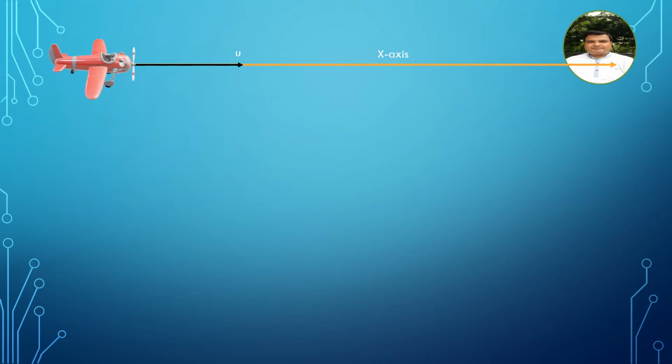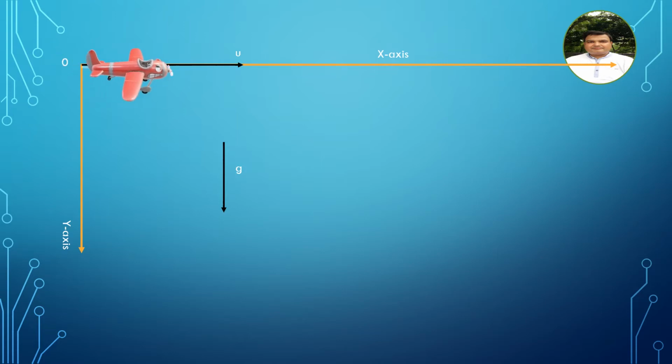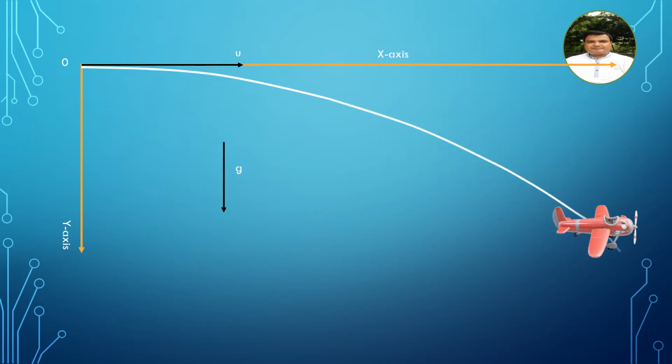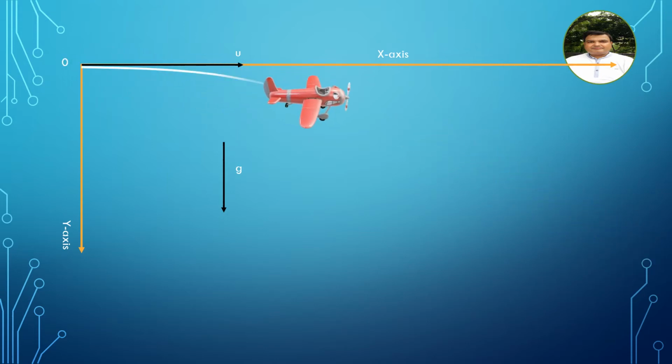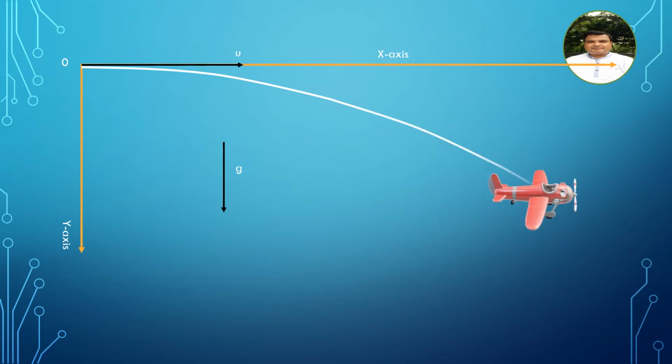Say u is the velocity with which it is moving. Say this is the y-axis, in which acceleration due to gravity is there. Look closely at the landing of the flight.